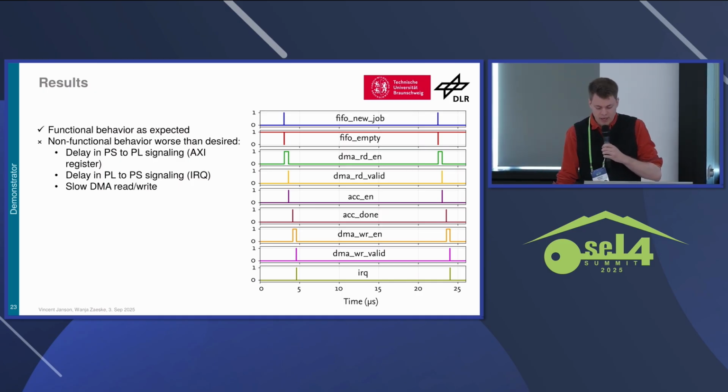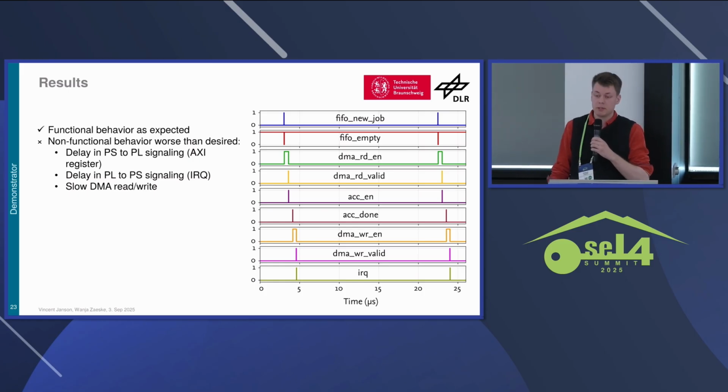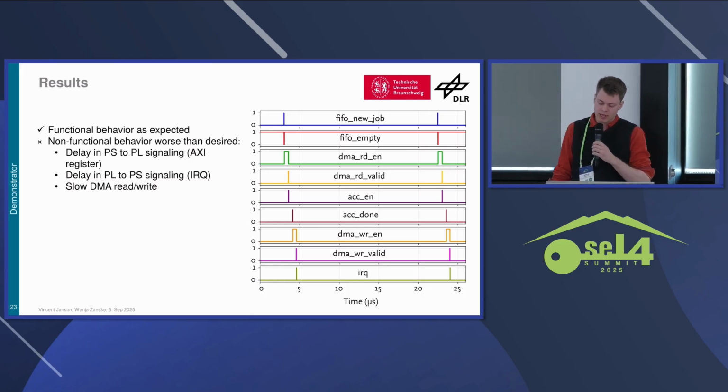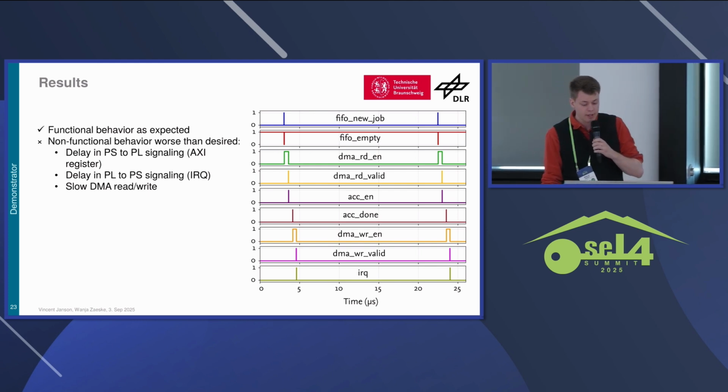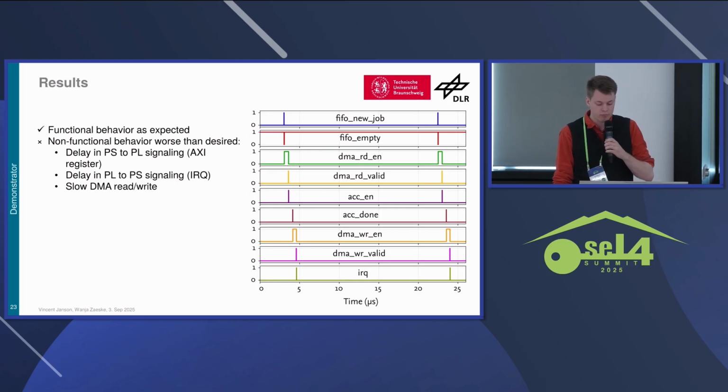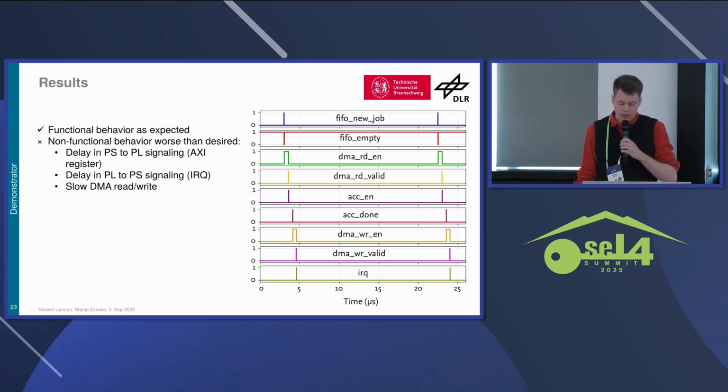Could be that we have an error in our PL implementation with regard to that signal, but we weren't able to figure out what the error is, and so now it takes, I think, roughly 5 times more clock cycles than actually described in the TRM. And last but not least, the DMA core that we used performed much worse than we expected.